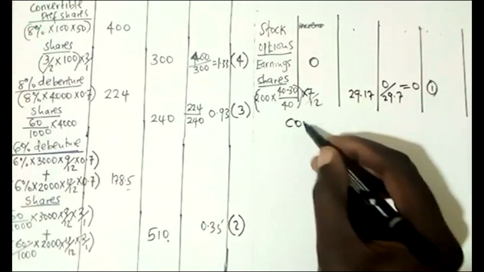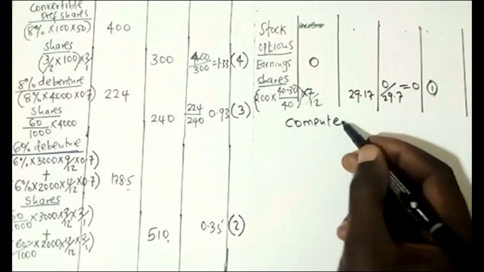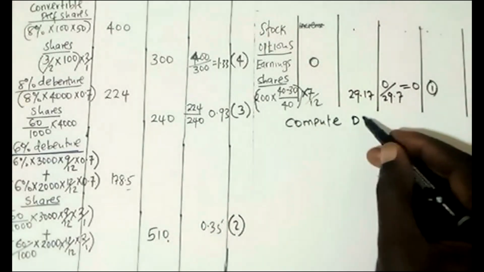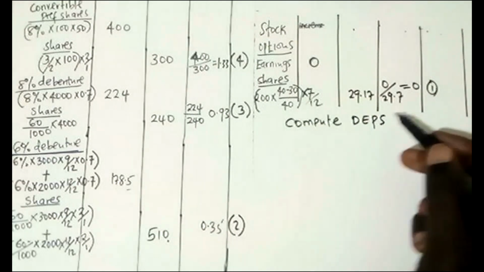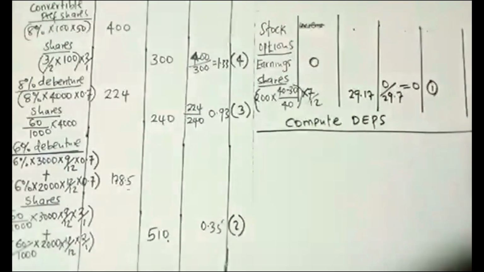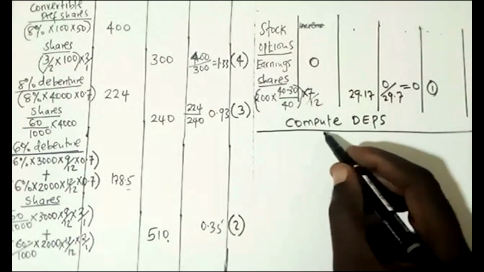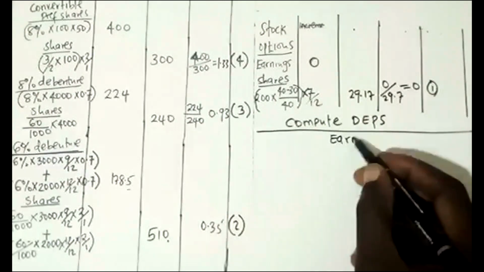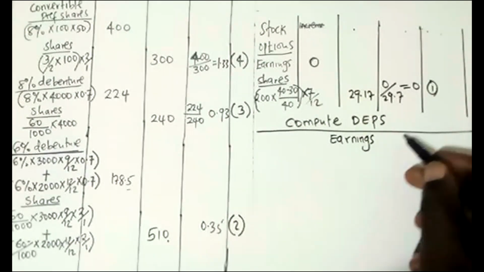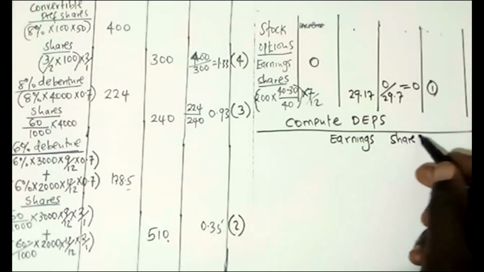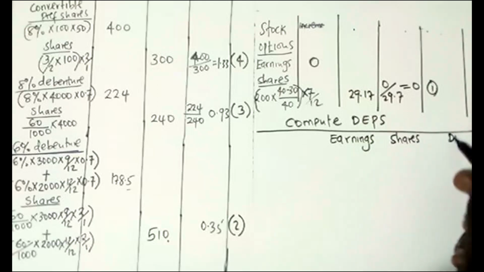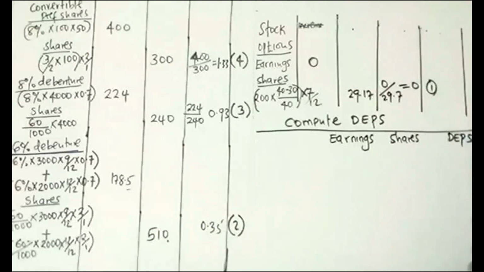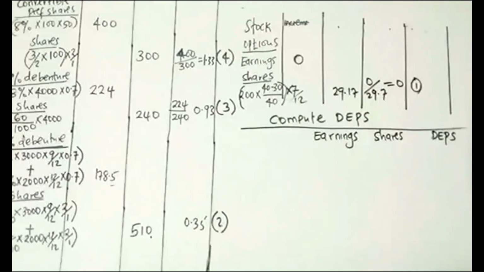Then finally now we compute the diluted EPS. So under this, we have the earnings, we have the shares, and we have the diluted EPS as the last column.